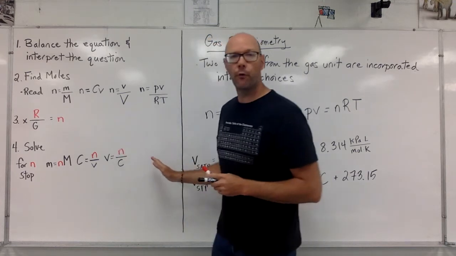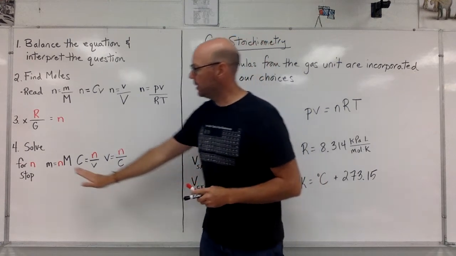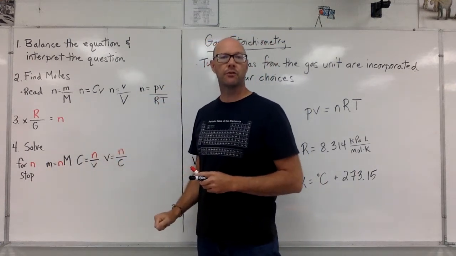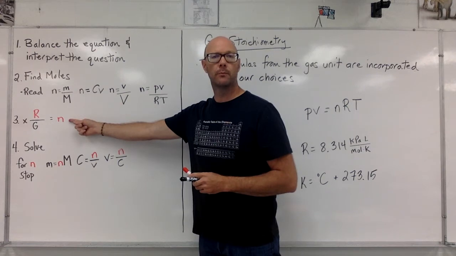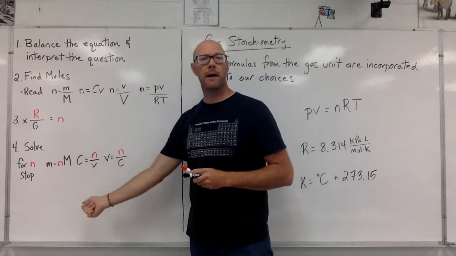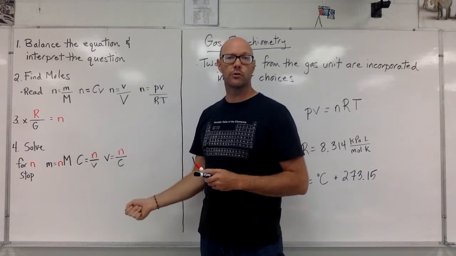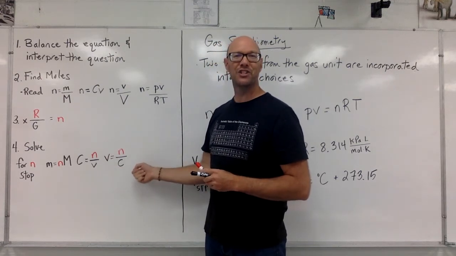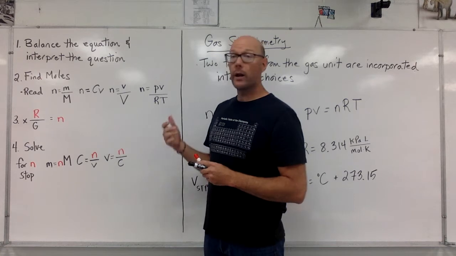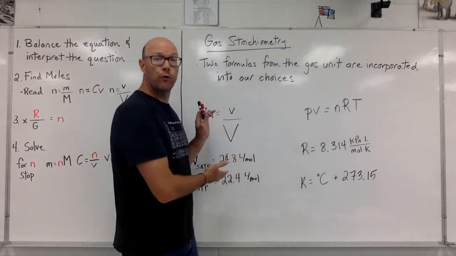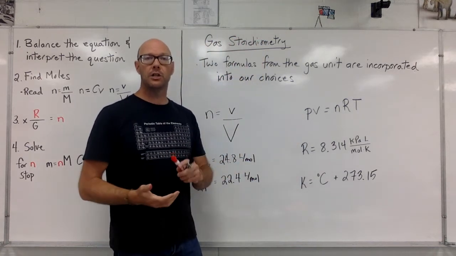When we get to the 4th step, solve, we already have seen we might stop after R over G if we're solving for moles. We might multiply by the molar mass to find mass, divide by volume to have concentration, divide by concentration to have volume. What about these other 2 new formulas? How can we incorporate them into our 4th step?